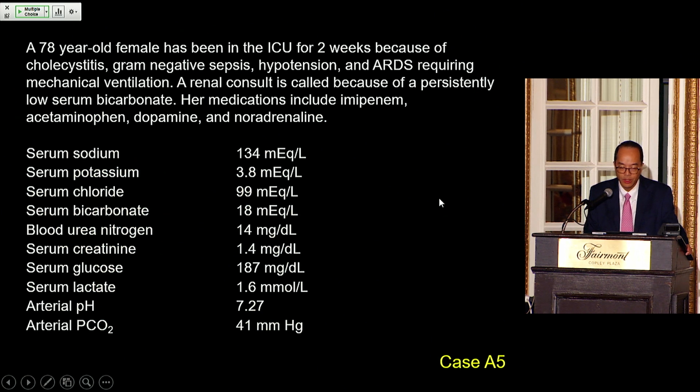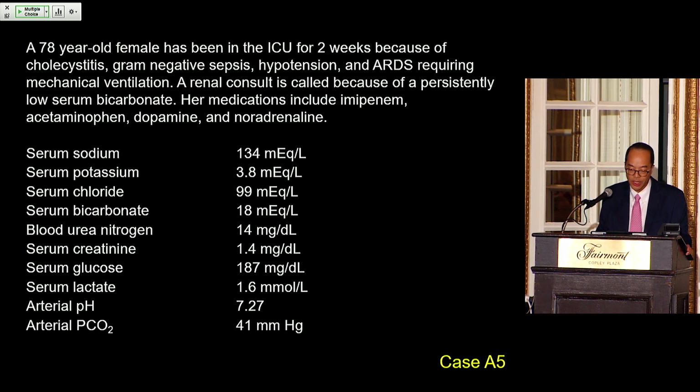Next, a 78-year-old female who's been in the ICU for 2 weeks because of cholecystitis, gram-negative sepsis, hypotension, and ARDS requiring mechanical ventilation. The renal consult is called because she has a persistently low serum bicarb. Her meds are imipenem, acetaminophen, dopamine, and noradrenaline.